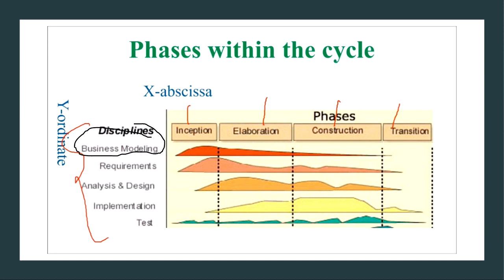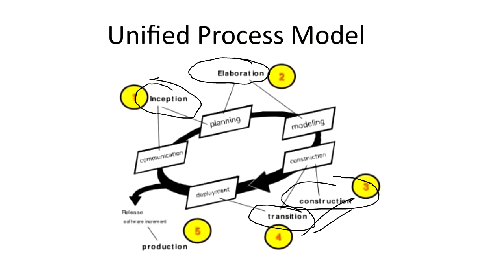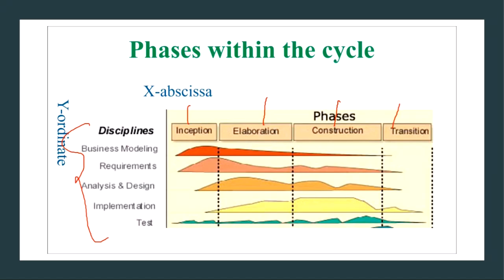You don't have to rote memorize this, just understand the meaning. If someone asks what is the unified process model, write in your own terms. If you can draw this, very good. If you cannot, at least know these terms. The four phase terms should be known: inception, elaboration, construction, transition. Production is outside, since finally everything is done. You can write these requirements on your own also.